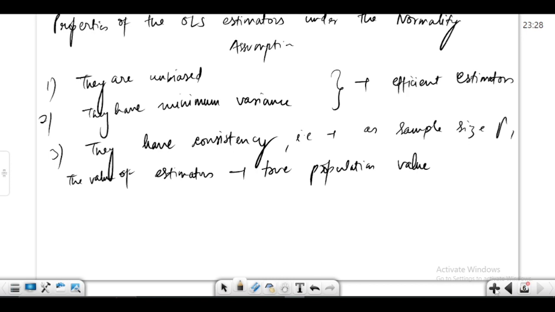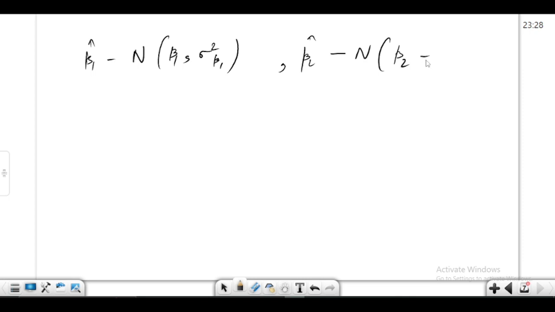Another property is that beta 1 hat is normally distributed, with mean beta 1, the population parameter, and variance sigma square of beta 1 hat. Similarly, beta 2 hat is normally distributed with mean beta 2 and variance sigma square of beta 2 hat. So you can also create a z statistic for these parameters.